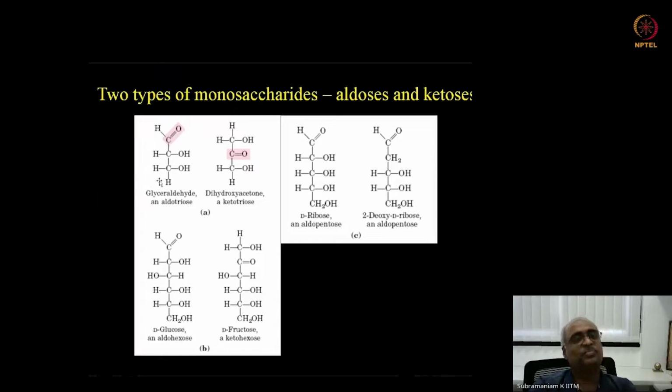If you look at the glyceraldehyde structure, this carbon is not chiral, it has two same hydrogen groups attached. If you take this carbon, one aldehyde group, one hydrogen, a hydroxyl group, and then the CH2OH group, this alcohol group attached here. So these are four different substituents, and as a result, this is a chiral carbon.